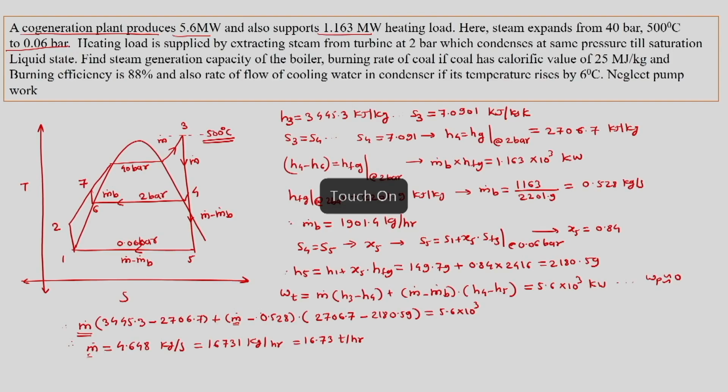So for that we will first find out H7. H7 is equal to H6 plus specific volume at 6 into P7 minus P6, and this turns out to be 508.73, where H6 is at the bleed pressure, which is 2 bar, the liquid saturation enthalpy, and we know this as 504.7 from the steam table.